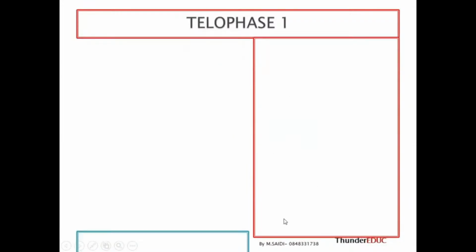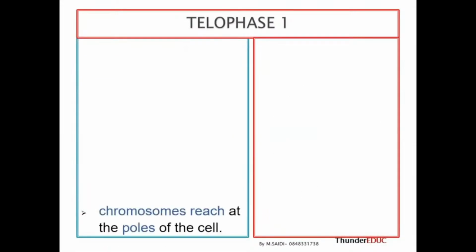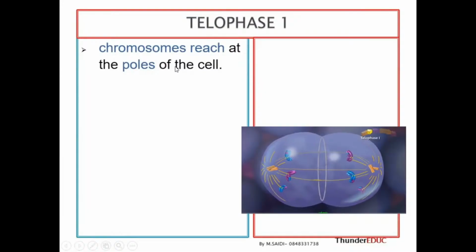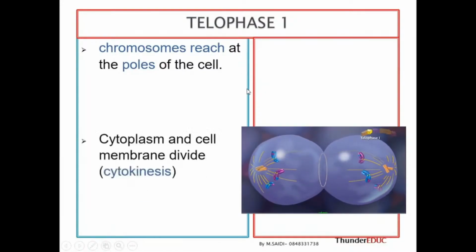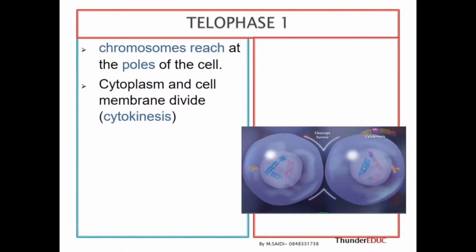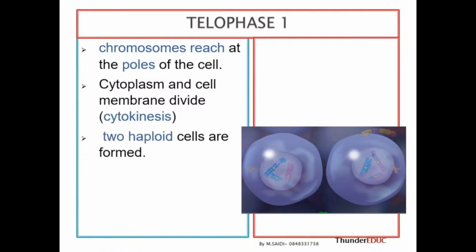And then when they reach the poles, in telophase, each chromosome reaches the pole of the cell. Once they reach the pole, the cytoplasm and the cell membrane divide. That process is called cytokinesis, division of the cytoplasm.